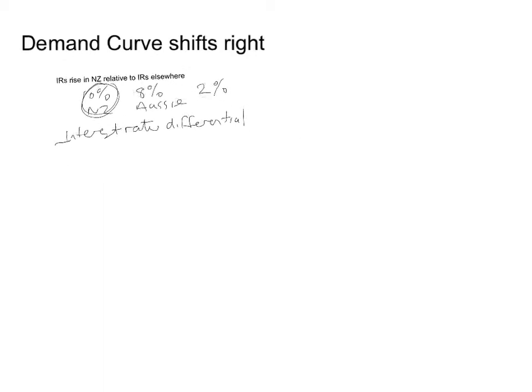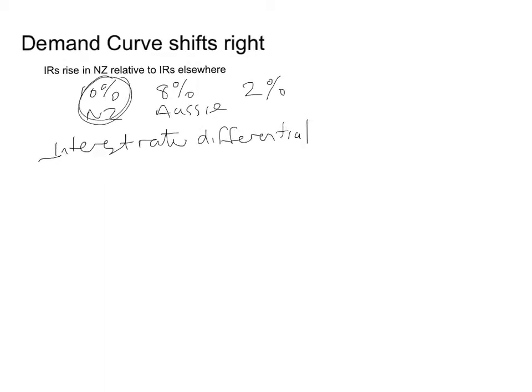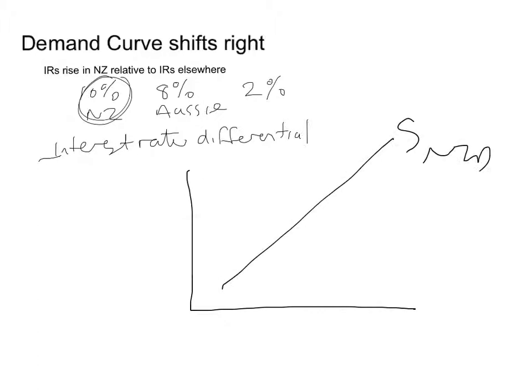So there's an interest rate differential favouring New Zealand. That's going to attract foreign investors that want to invest in our financial market rather than invest in economic capital. Remember those two types of investment. So again, let's just go to our market. Here it is, let's draw it. That's the supply of the New Zealand dollar.